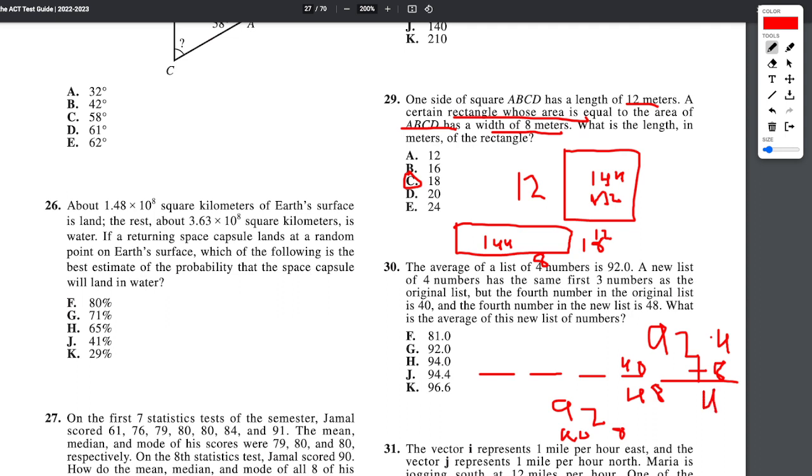So 92 times 4 plus 8 divided by 4 gives us 94. I believe so. And would you look at that? The average of the new list of numbers is H, 94.